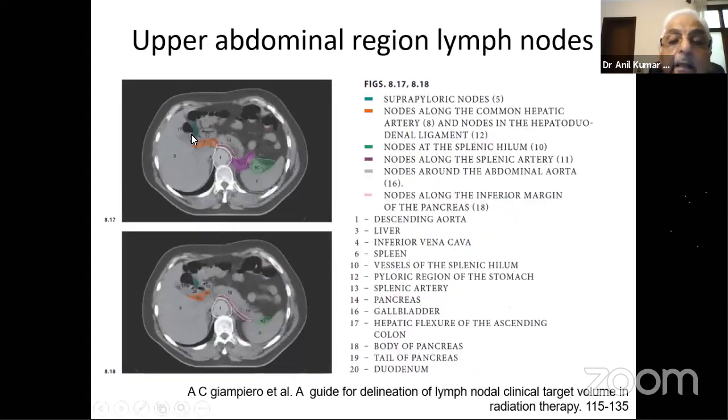Then these are the important nodes along the common hepatic arteries and hepatoduodenal ligament. So this is along the hepatic artery, and then these are the nodes along the splenic artery, which I said you may include depending on high nodal positivity. You will have to include.